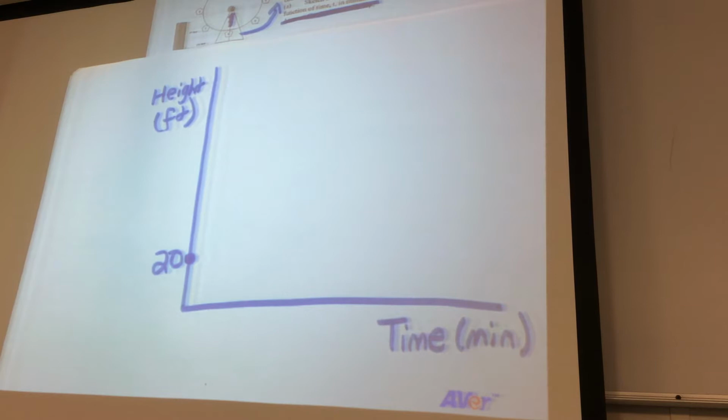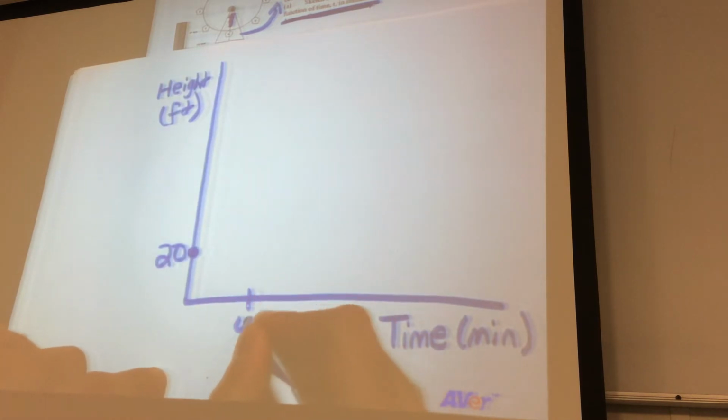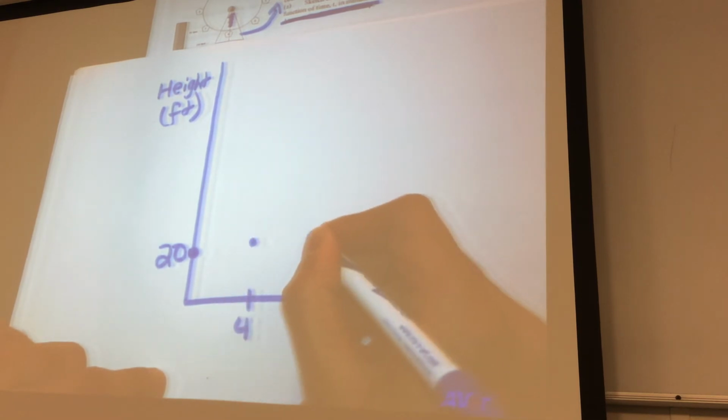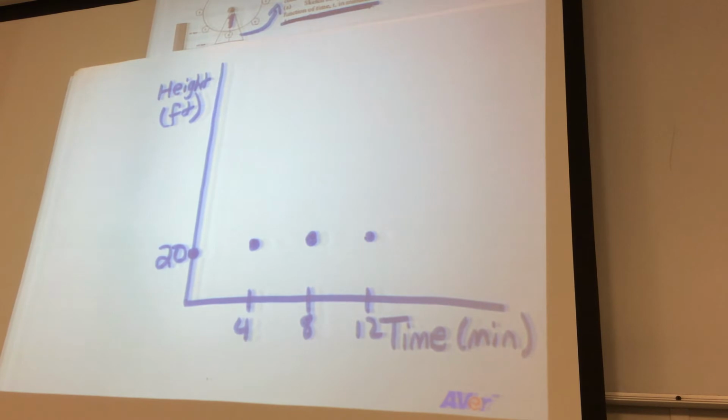Now, if car E is 20 feet off the ground at time equals 0, when is car E back to 20 feet off the ground? T equals what? When does it return to that spot? Every 4 minutes. 4, 8, 12. So every 4 minutes, we are at 20. Now the question is, when do we reach our maximum height?